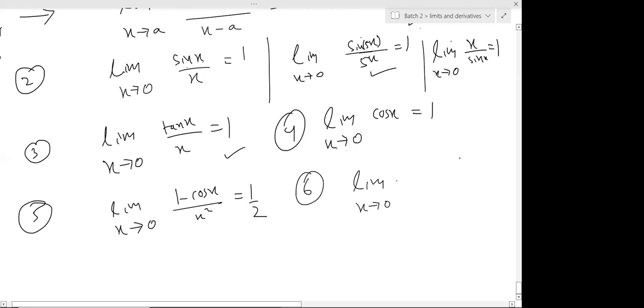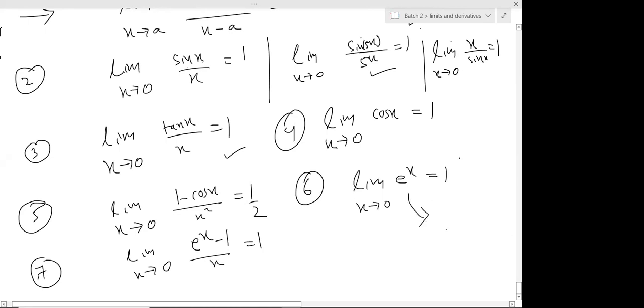All right. Limit x tending to 0 e raised to the power x becomes 1. Limit x tending to 0 e raised to the power x minus 1 upon x becomes 1. And you can replace x with any quantity here. Sir, what does e stand for? e is the Euler number, if you know, 2.71. That is a constant.